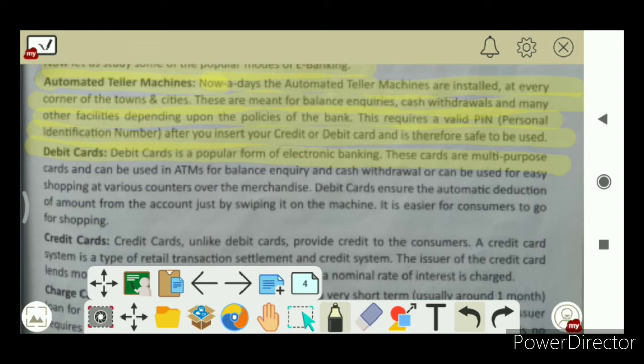By using this debit card you can do the shopping very easily, and by only swiping this card in a machine and entering the valid PIN number, you can pay for any object you have bought.